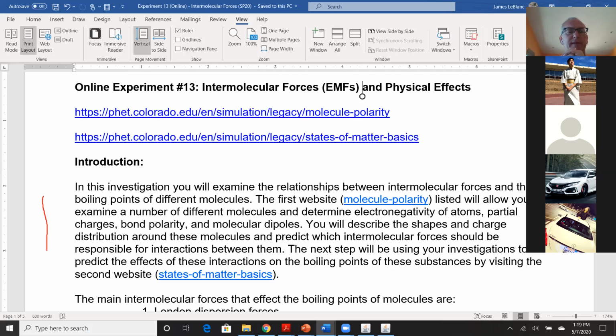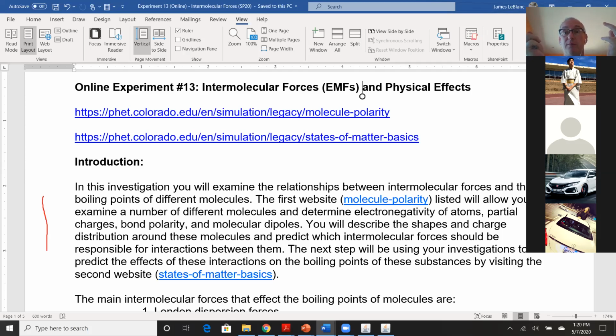So the first site will be a good reminder as to what a dipole is. Some of us don't remember, and how the molecular shape affects that. So we'll work with that for a little while. You'll create your own molecules and see how changing the shapes, changing the electronegativities of the different atoms will affect that.